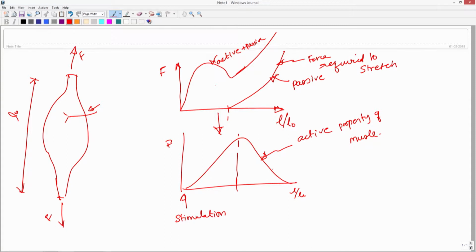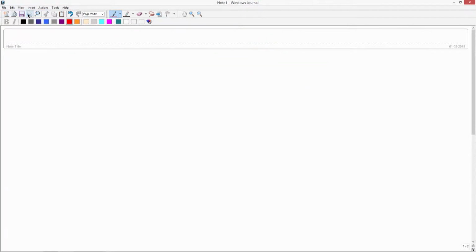The same graph I can put in another view just for understanding. Instead of the x axis on length, I am going to plot it in t, time. I want to look at how the muscle is generating force over time. Okay. So, the y axis I am again going to keep the same, F, and if you look at the time, again it is going to look similar to what we have seen over here, but the x axis is t.